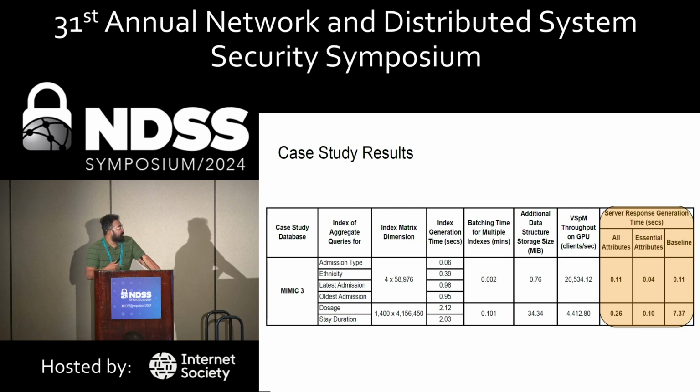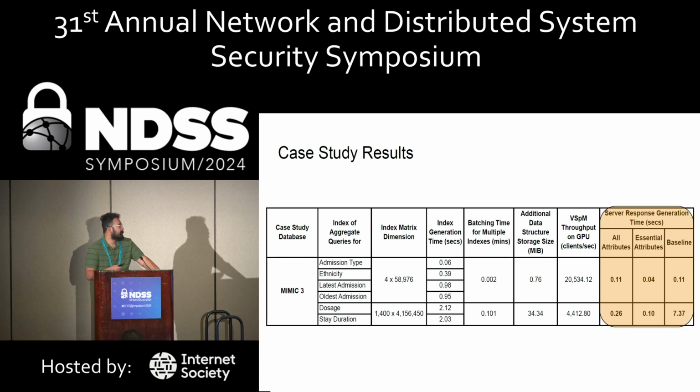And right off the bat, we can see even the first column, all attributes, refers to a naive aggregation of the records using our protocol, where we aggregate every column in the records that we are trying to aggregate. And even in that case, our protocol performs at least as well as the baseline. And when we use a process which is not as naive and we aggregate only the essential columns that we are interested in, our protocol comfortably outperforms the baseline.